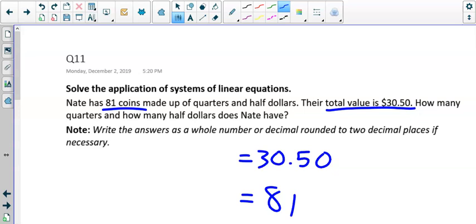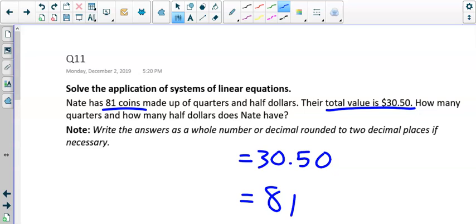Which one do you think we're going to use that in? The top one, because 50 cents and 25 cents and $30.50 is all about money. This is our money equation up at the top here.